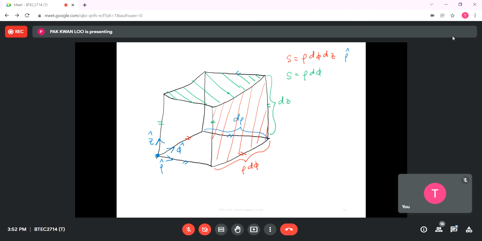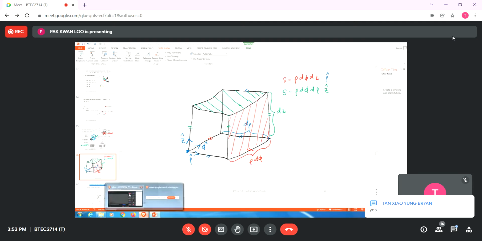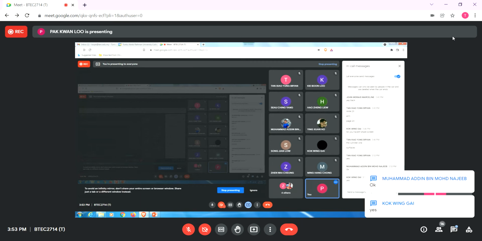The vector perpendicular to this surface is z cap, right? Do you get what I mean, everyone? What about the rest? Is this okay? All right.